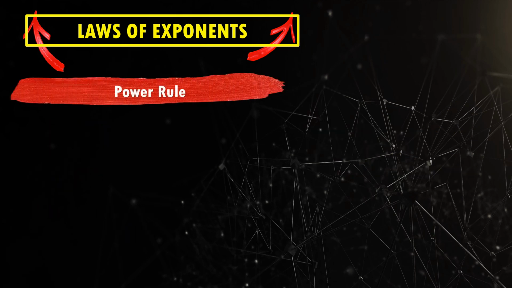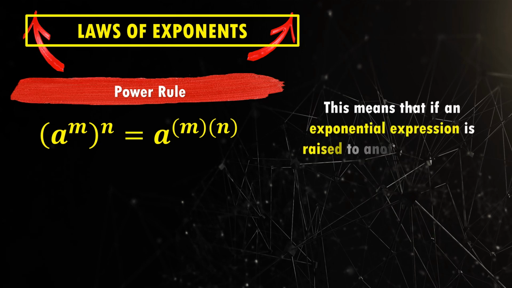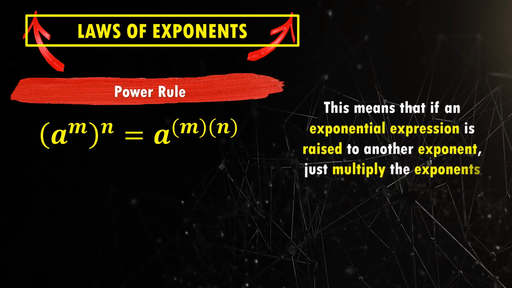So third rule is the power rule. We have the quantity a raised to m, raised to n, is equal to a raised to m times n. This means that if an exponential expression is raised to another exponent, just multiply the exponents.